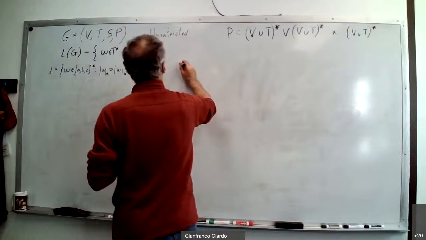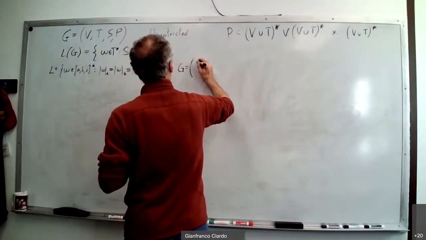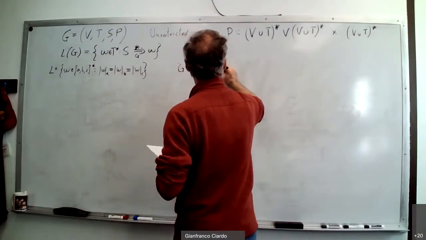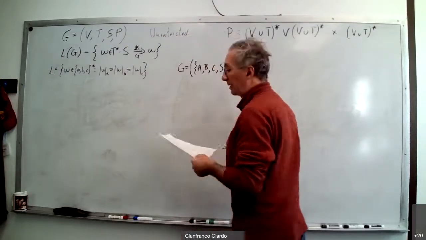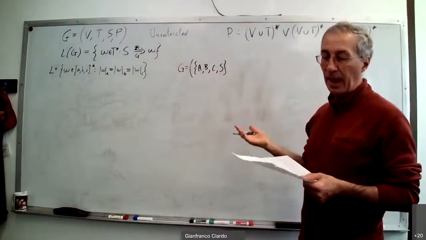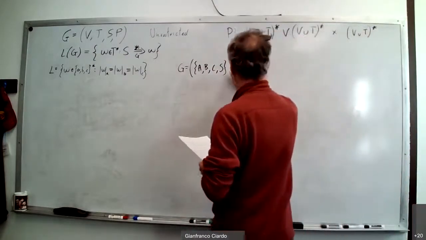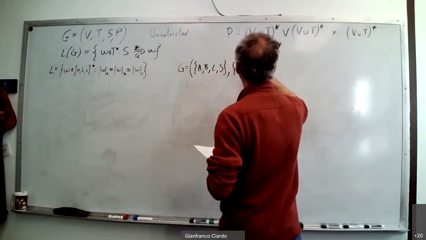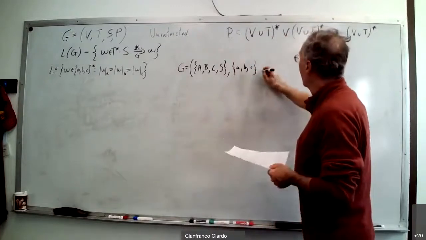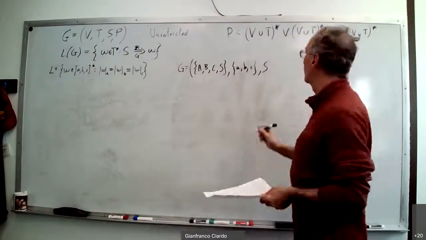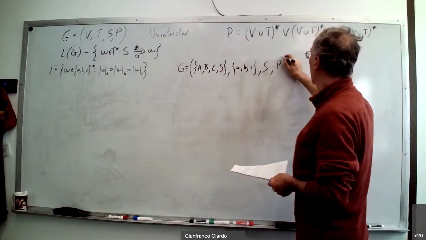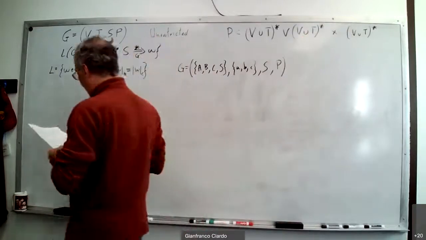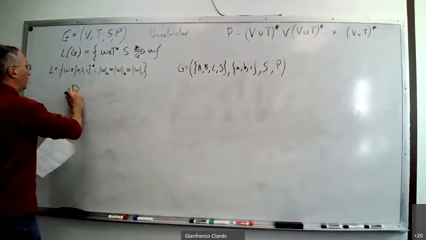Okay, so the grammar will have variables A, B, C, and S for the starting. A, B, C, uppercase, of course, are variables. Then the alphabet on which I generate strings is, of course, little a, b, c. And of course, the starting symbol is S as usual. So now let's look at what the productions are.